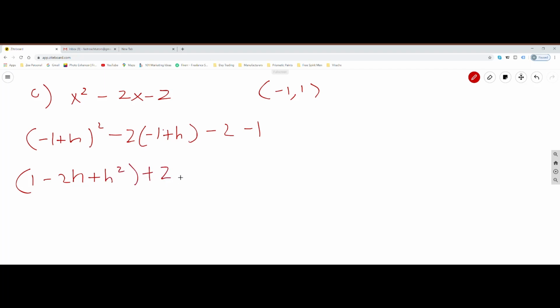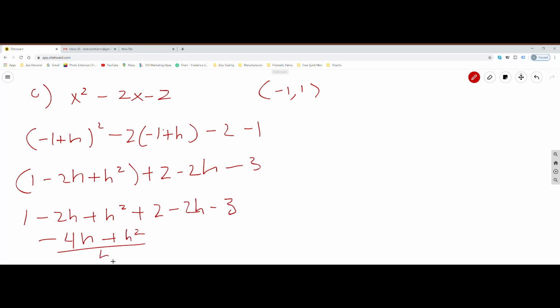So you have 1 minus 2h plus h squared plus 2 minus 2h minus 3. You're left with negative 4h plus h squared over h. You can factor out the h, so you're left with negative 4 plus h.